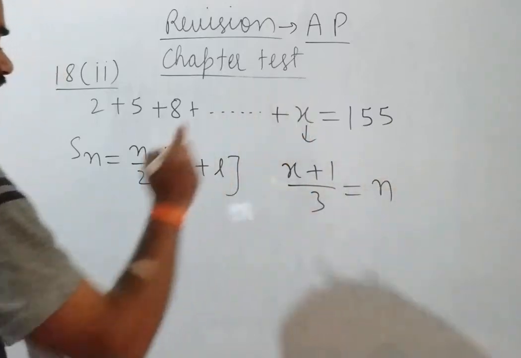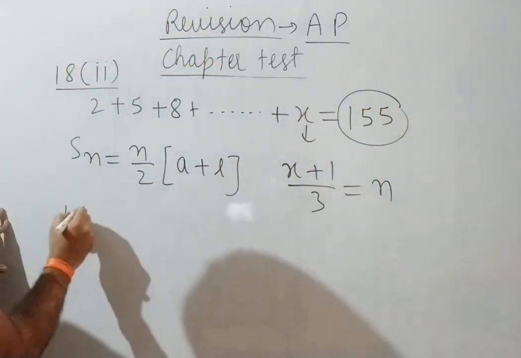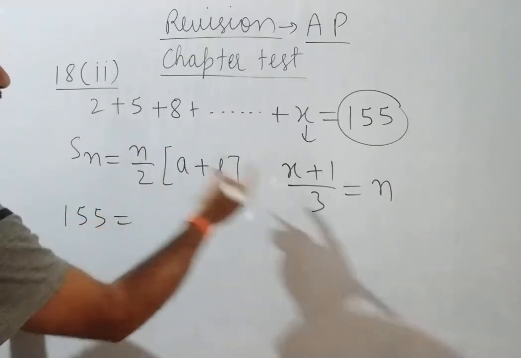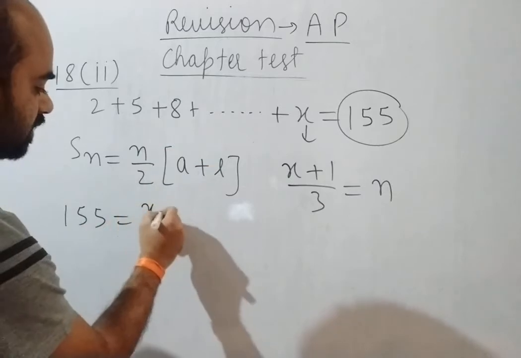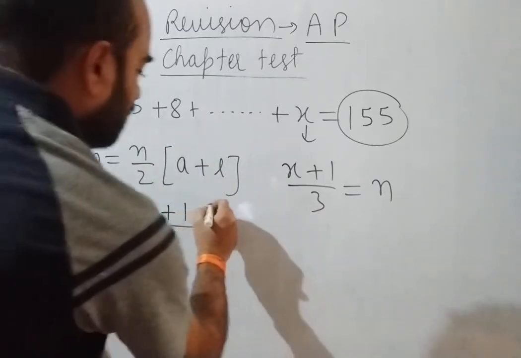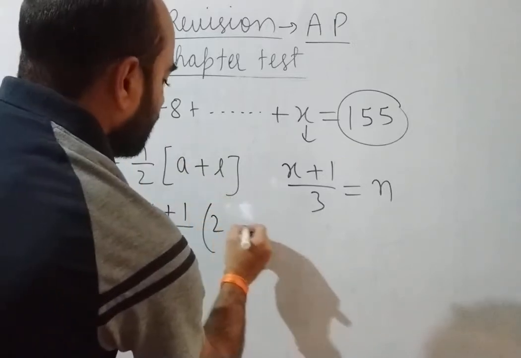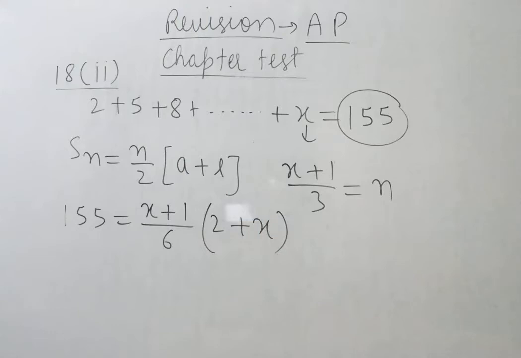Why? Last term is given. Sn means sum is 155. N is (x plus 1) by 3, upon 2. It means finally this will be (x plus 1) upon 3 into 2, which is 6. Now first term is 2 and last term is x. Correct? This is the equation.